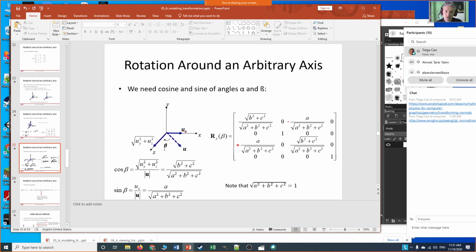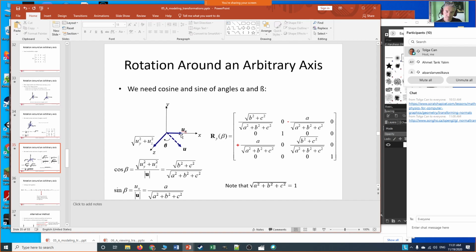Now, if this is the vector u and this is its x component, the u vector is the summation of these two vectors. I define this angle beta that I try to find, with this its sine value and this the cosine value.